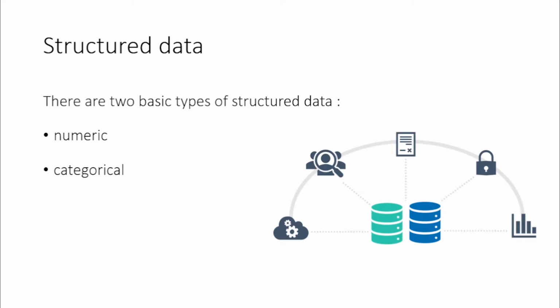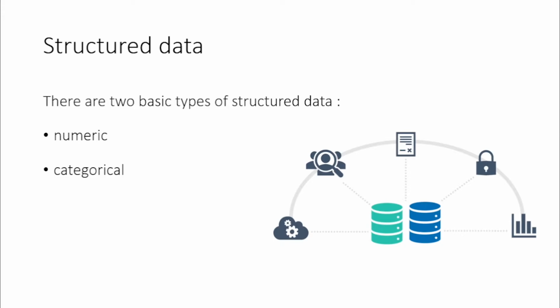Next, we have categorical data. Categorical data takes only a fixed set of values, such as the type of a TV screen or a state name, etc. Binary data is an important special case of categorical data that takes only two values, either a 1 or 0, or yes, no, true, false, like that.